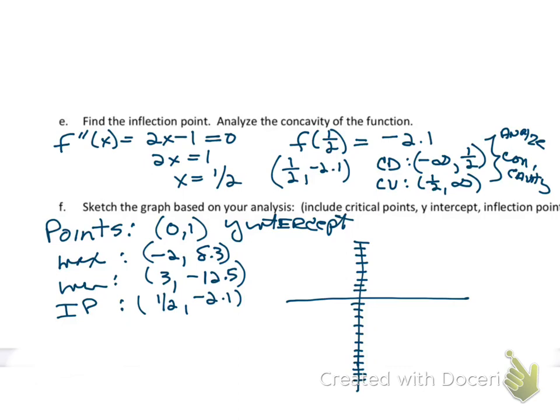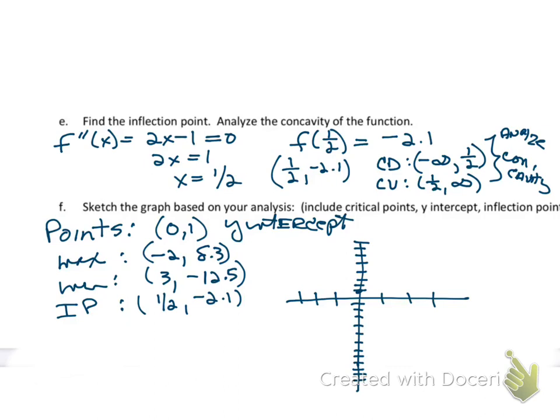So then I also have to go 1, 2, 3, 1, 2, 3. So your y-intercept is at 0, 1. So that point will be right there. Okay, that's 0, 1.